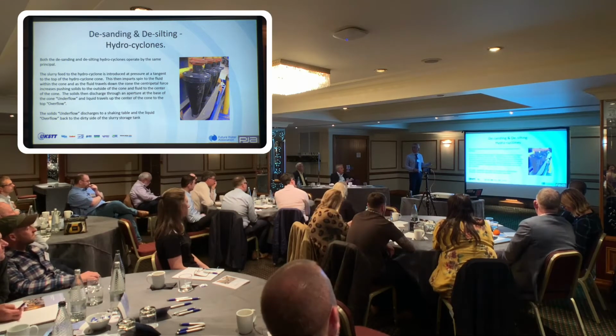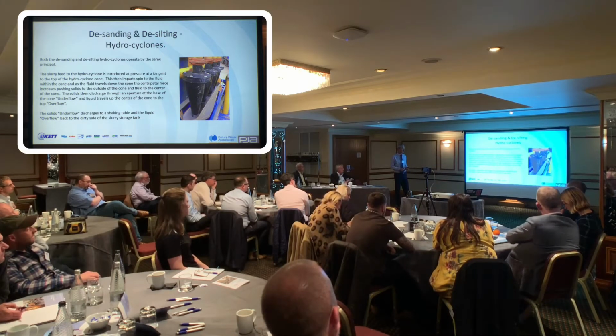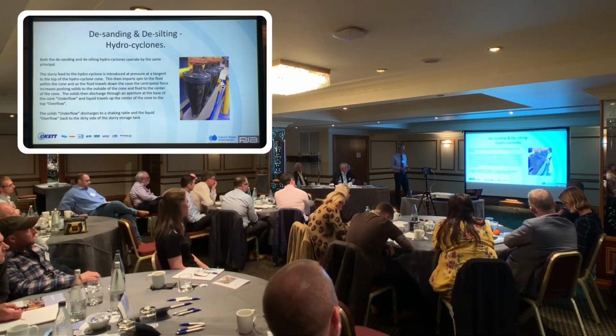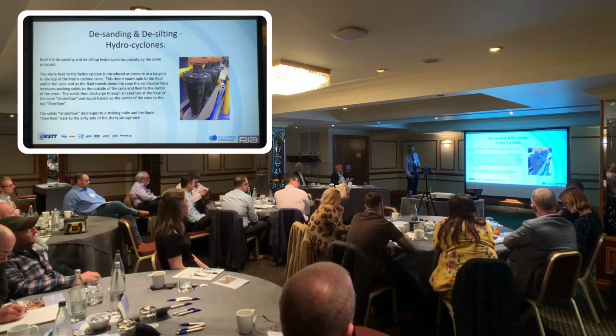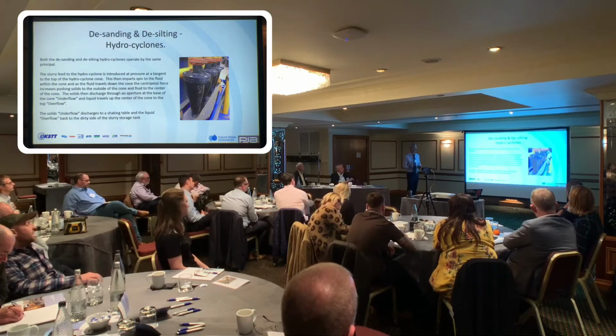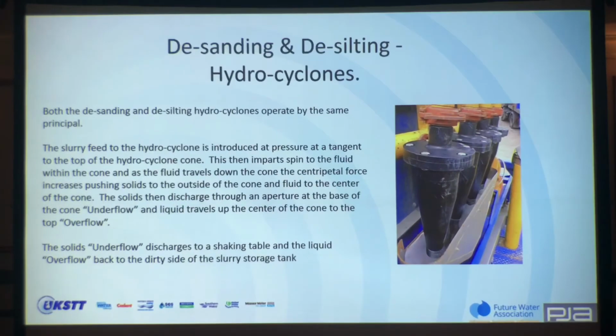Another process that would be on most separation plants is a desanding or desilting hydrocyclone, and these work basically by introducing slurry at pressure at a tangent to the cone, which imparts spin onto the slurry, and the solids are forced to the middle and drop out of the bottom of the cone, and then the slurry is recycled through the top of the cone and goes on through the process to the next process.